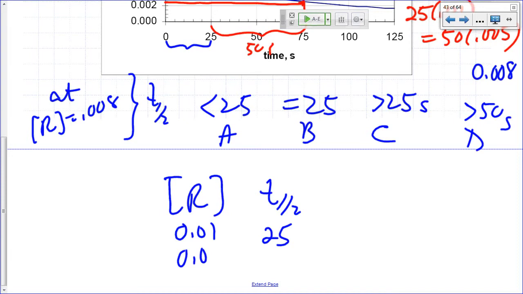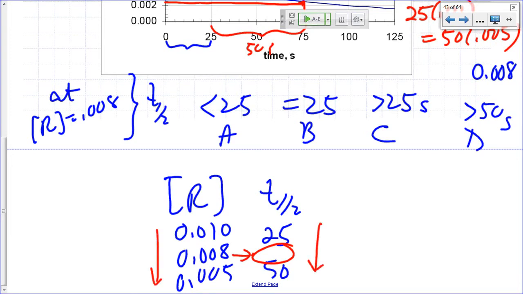So if it's 0.008, and we did 0.005, it was 50 seconds. What do you think this number is going to be in between? As the concentration drops, the half-life gets longer.